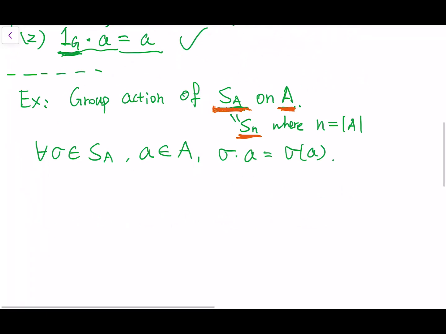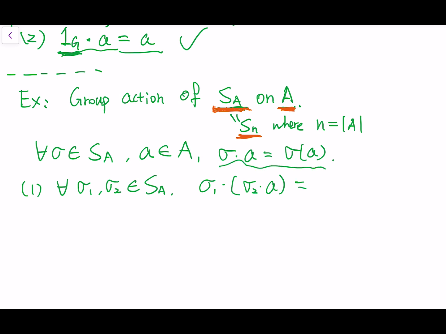So that is one. We want to show that for any sigma 1, sigma 2 in SA, we have sigma 1 act on the result of sigma 2 act on the element A. Because of this definition, the permutation sigma 2 act on A means we permute this A by the sigma 2.